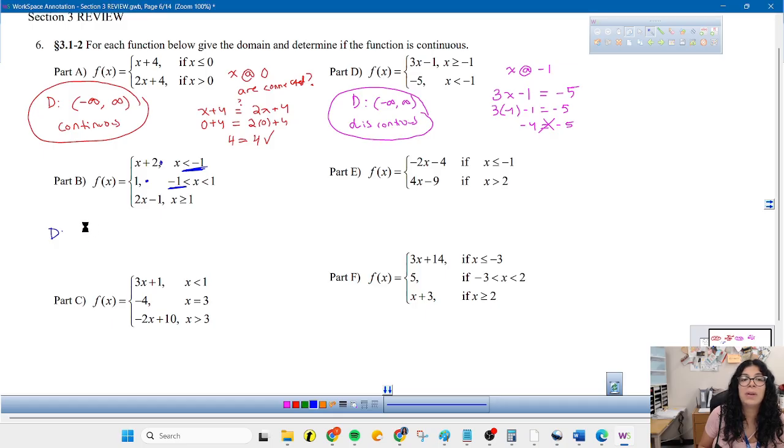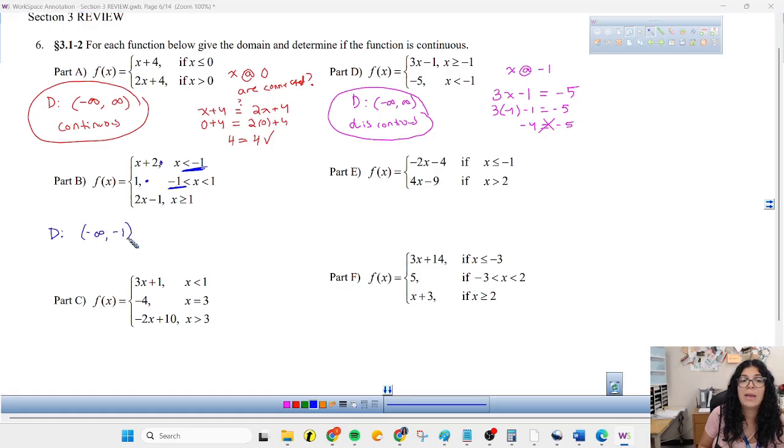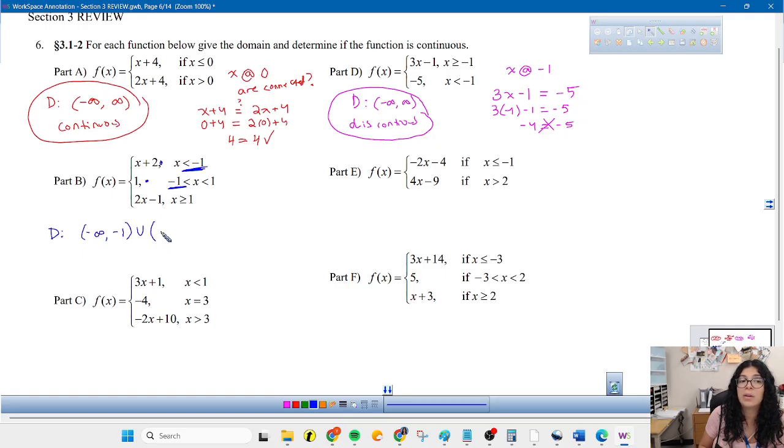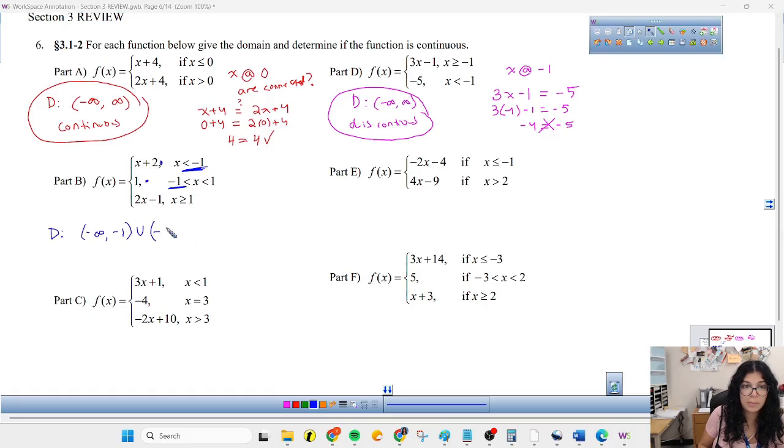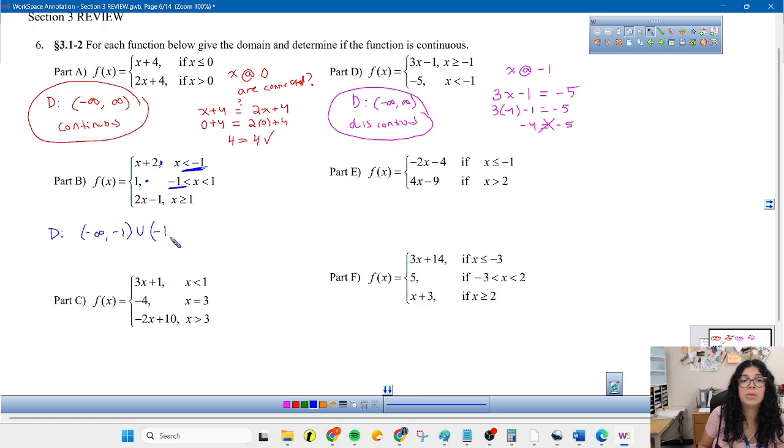It is negative infinity till -1, and then at -1 there is nothing till positive infinity. Okay, because notice even though 1 is not included here, we are including 1 here.